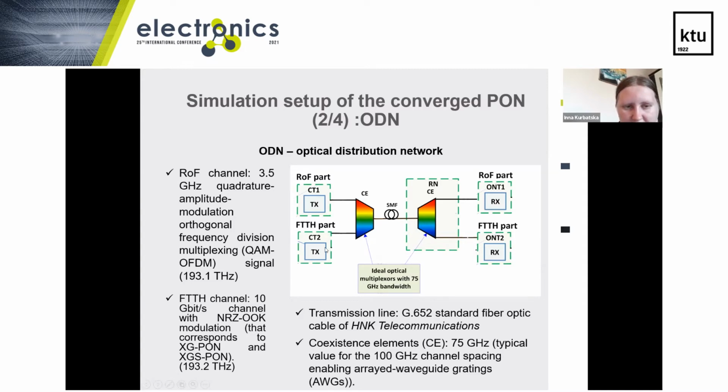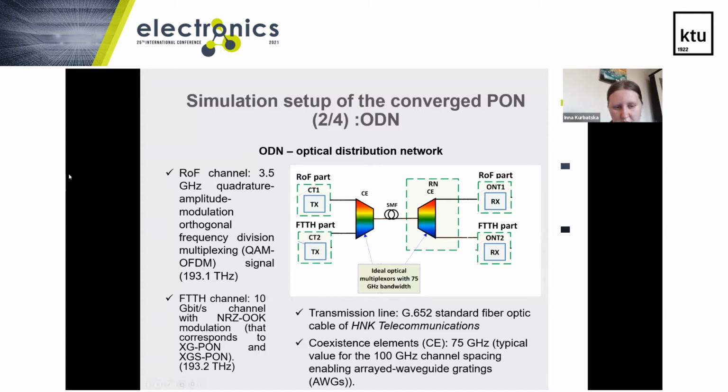The radio over fiber part has a 3.5 gigahertz frequency with QAM OFDM modulation, and in the optical domain it is transmitted at 193.1 terahertz frequency, which is C-band. The typical fiber to the home channel is 10 gigabits per second and corresponds to the XG-PON standard.